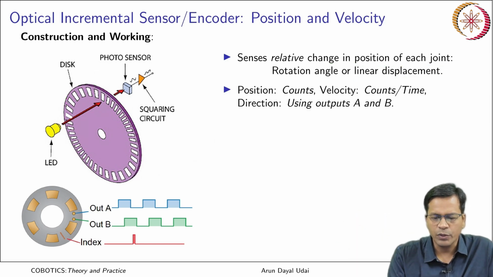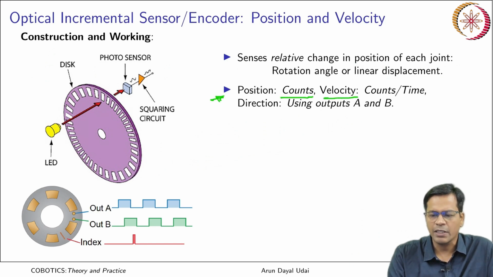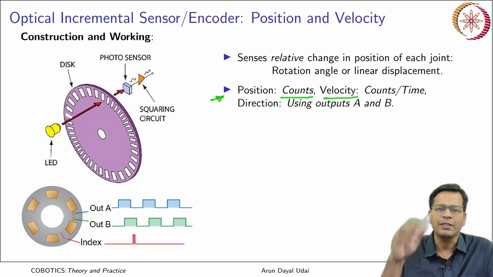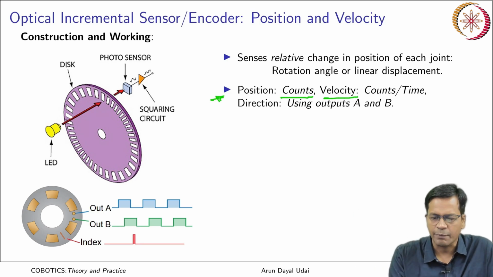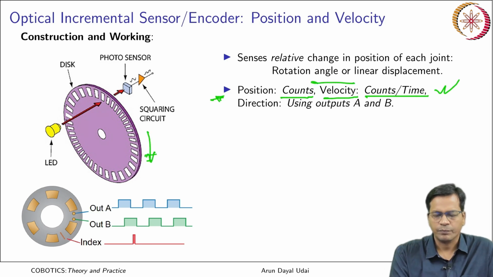Okay, so position, it can count the position, simply count it and get the position, or it can measure the velocity. So number of windows it has crossed per unit time, that gives you the number of high signals it will read per unit time. So counts per unit time will give you the velocity of the encoder wheel.